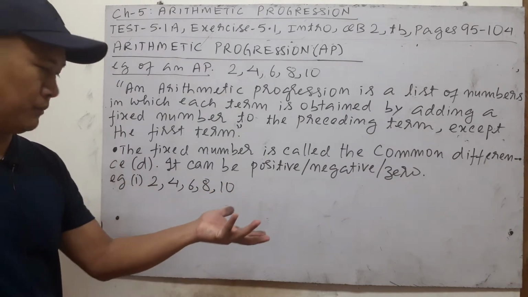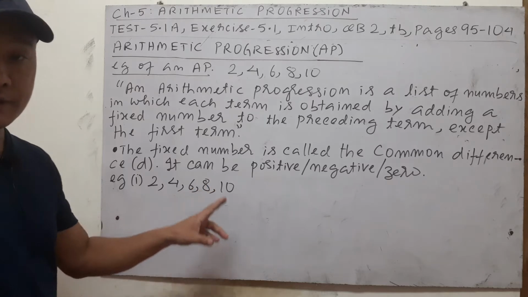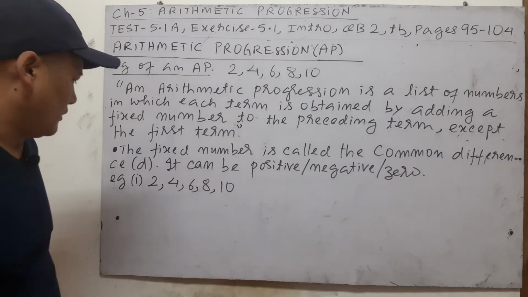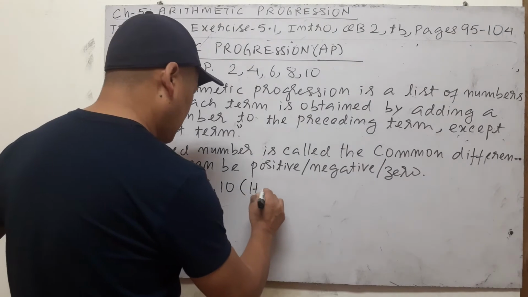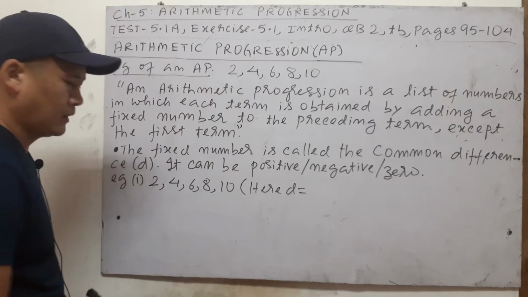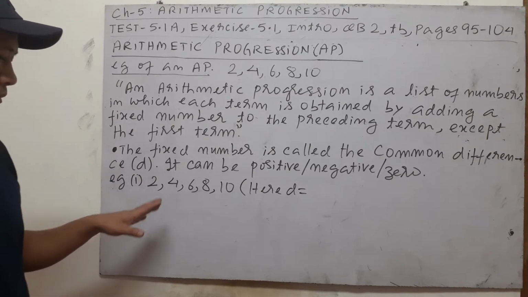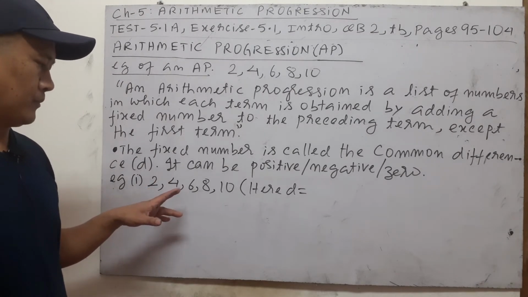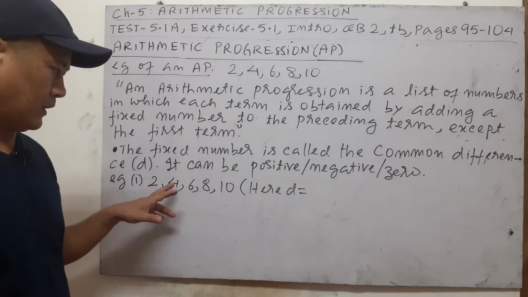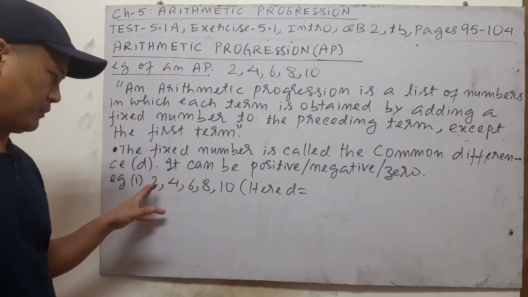This is definitely an AP because it has a common difference. That means the fixed number is there, the fixed common difference. So here, how do you obtain D? Subtract a term from its preceding term.